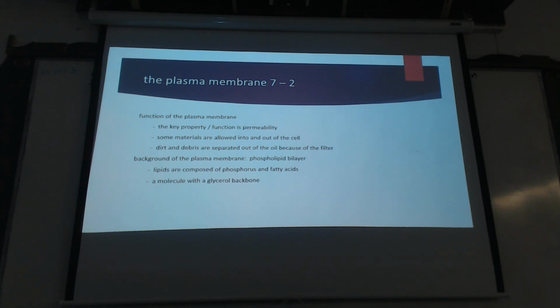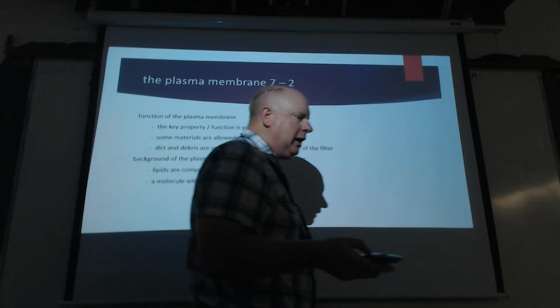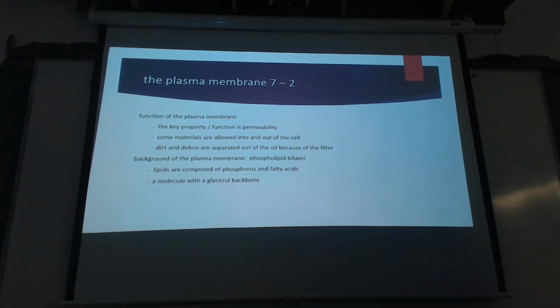Well, you said a couple of them, and I can't remember. So yes, it has 2 layers to it. Now, the reason that is so important is because that's what allows it to have a cellular boundary, what allows materials to come in and come out.